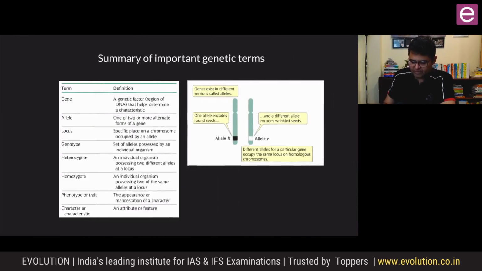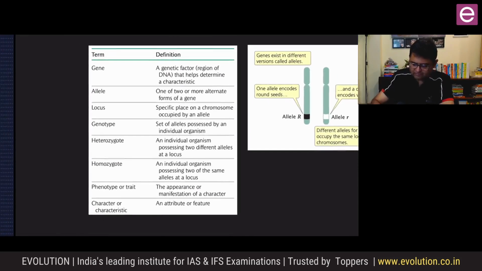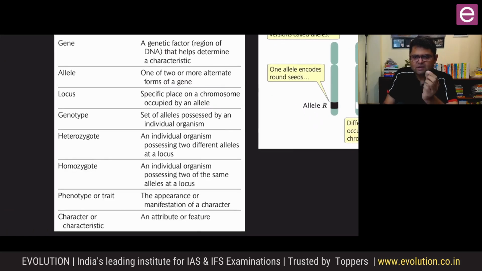Okay. And now a couple of terms before we move further. Gene is that genetic factor, that genetic information that helps to determine a heritable characteristic. Allele is an alternate form of a gene that is placed on the same locus. And what's locus? Locus is the location of the gene on a given chromosome.